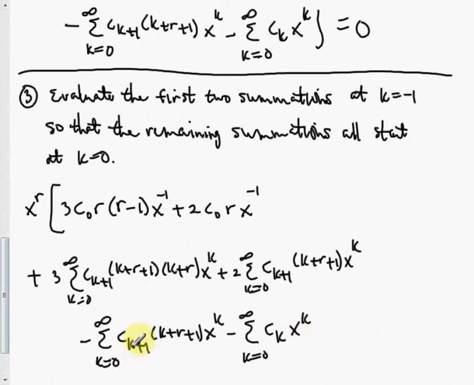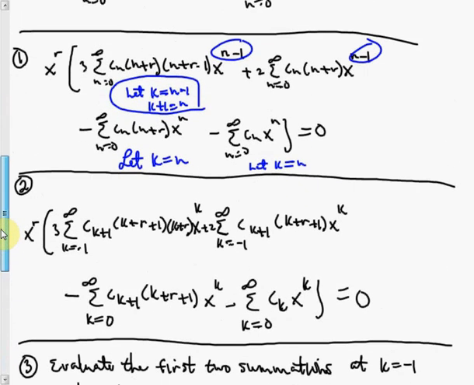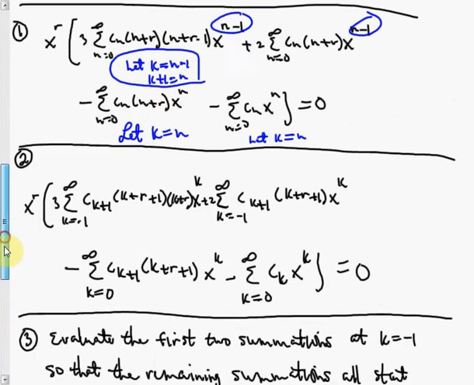And let's see, that should be c sub k for that third summation. Let's see here. That's just k plus r for that.